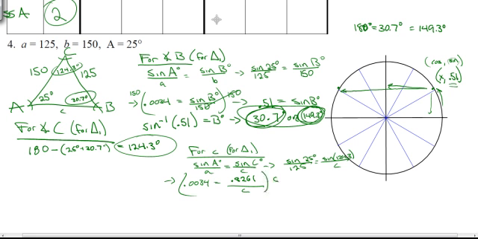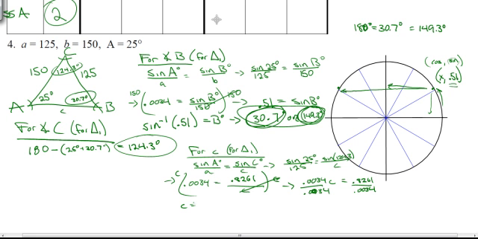Now, again, this is where I just use my standard algebra. I'm going to multiply both sides by C so that I can isolate it. These two will cancel out, and that leaves me with 0.0034 times C equals 0.8261. I will go ahead and divide both sides now by 0.0034, and by calculating this out, I will know what side C equals.